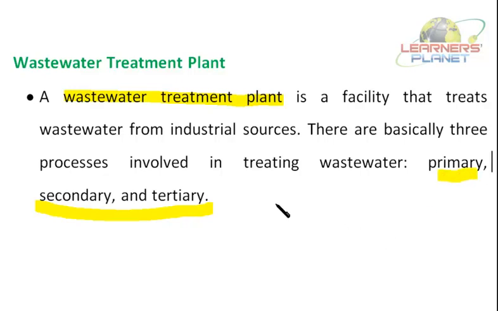Wastewater treatment is closely related to the standards and expectations set for effluent quality, and treatment processes are designed to achieve improvements in the quality of the wastewater. So the various treatment processes are the primary, secondary and tertiary processes.